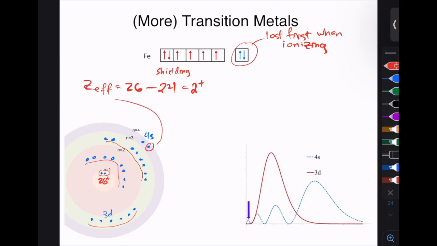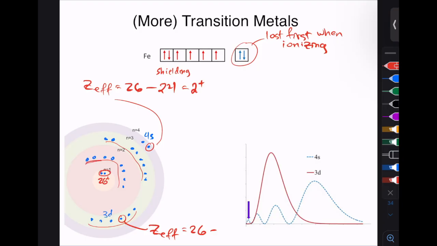Okay. What's the effective nuclear charge on any of these 3d electrons? Well, we still have 26 positive charges in the nucleus, but now what's the shielding? Let's take a look. We've got 2 at n equals 1.